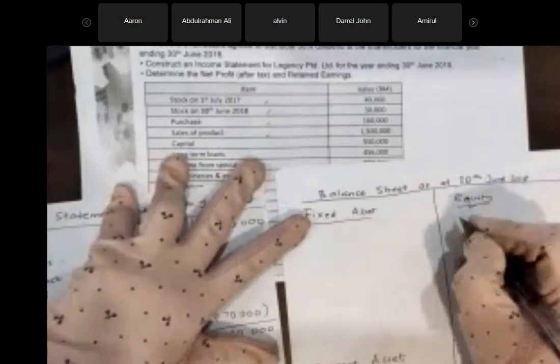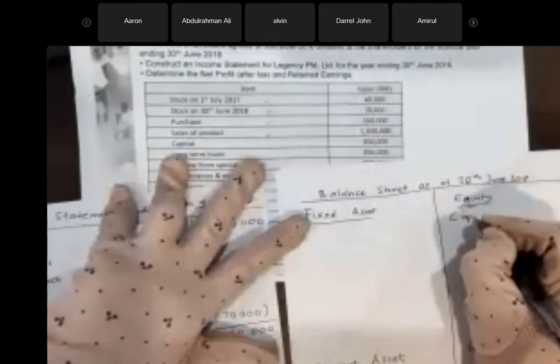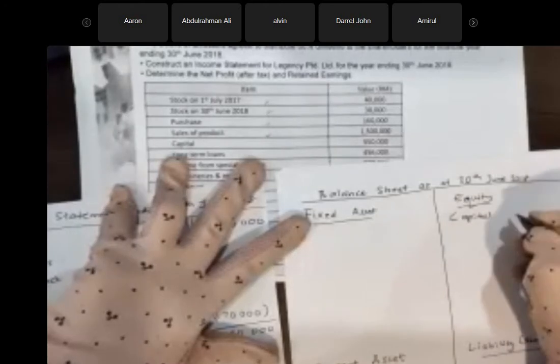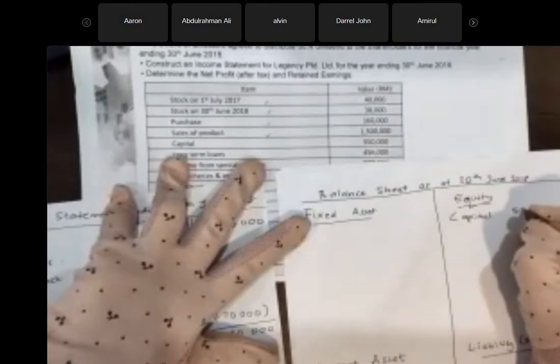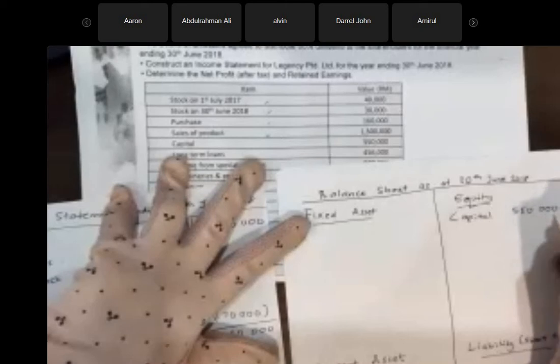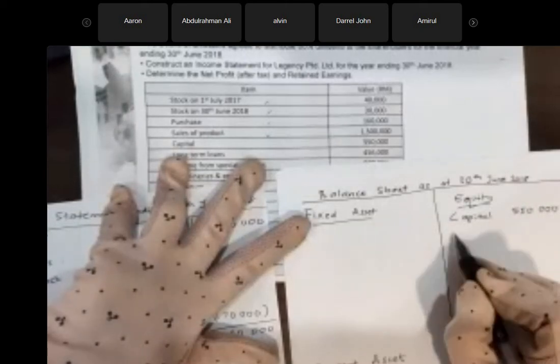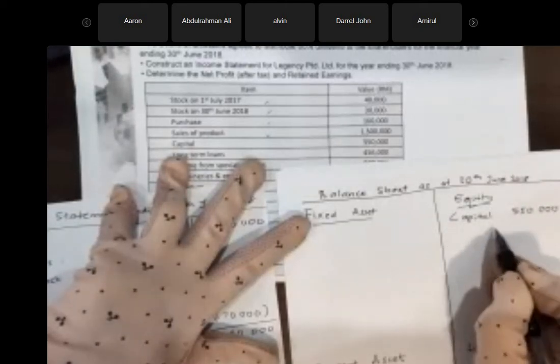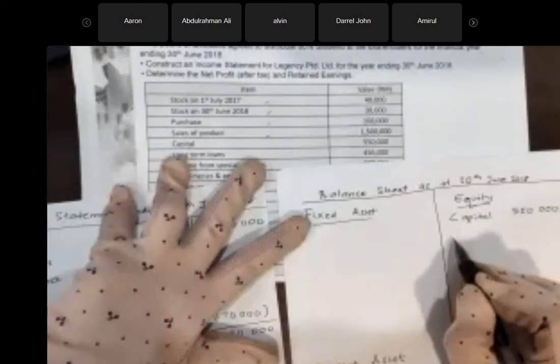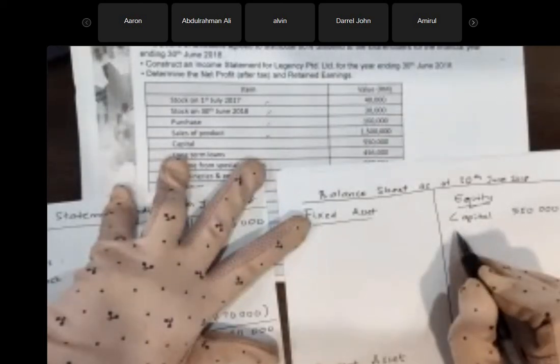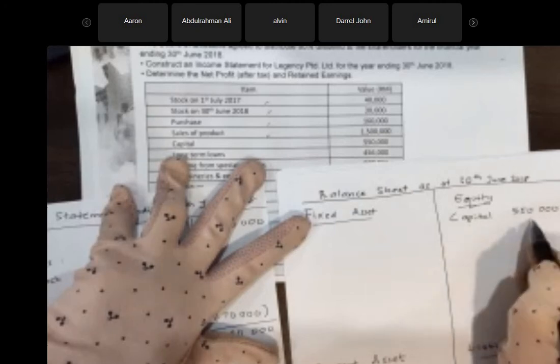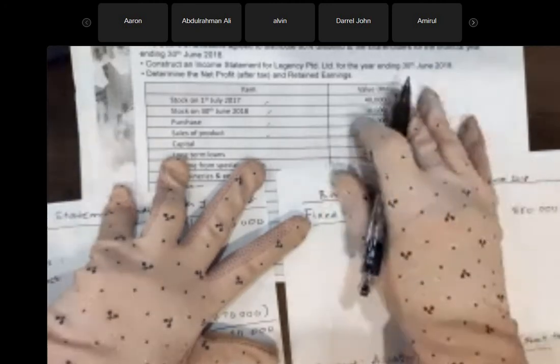Equity. Alright, good. Capital here. Okay, capital it is 550,000. And also selalu here ada profit lah kan? It is maybe net profit ataupun profit after tax ataupun retained earning normally here.